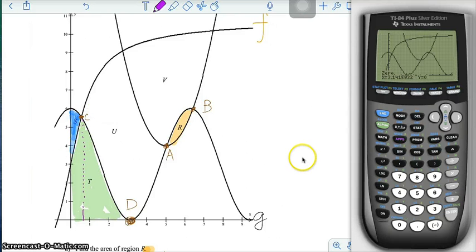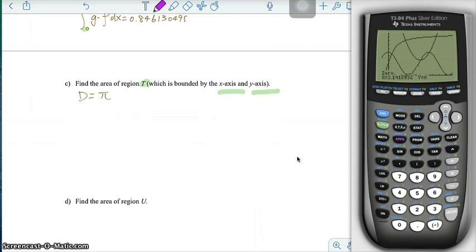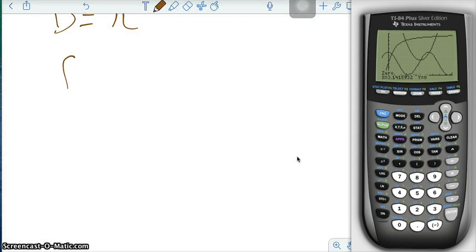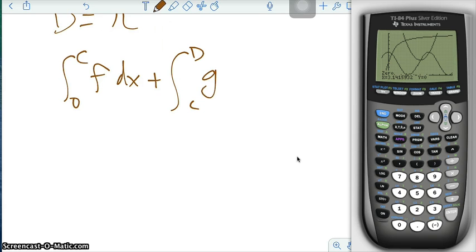So there are actually 2 integrations combining to solve this problem. We have from 0 all the way to C, function F, plus from C all the way to D, function G. That would give us the answer for these 2 problems.